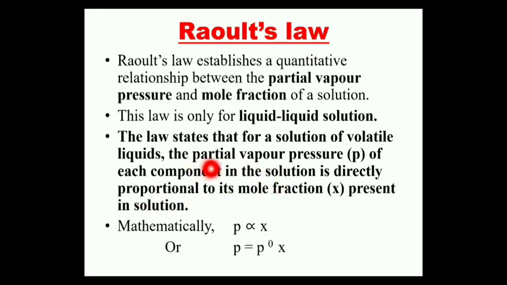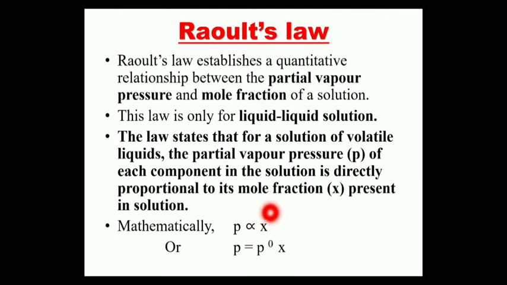Okay, so the partial vapor pressure, that is P, is directly proportional to the mole fraction, that is X, present in the solution. So Raoult's law can be mathematically expressed as P, which is partial vapor pressure, being directly proportional to X, that is mole fraction.